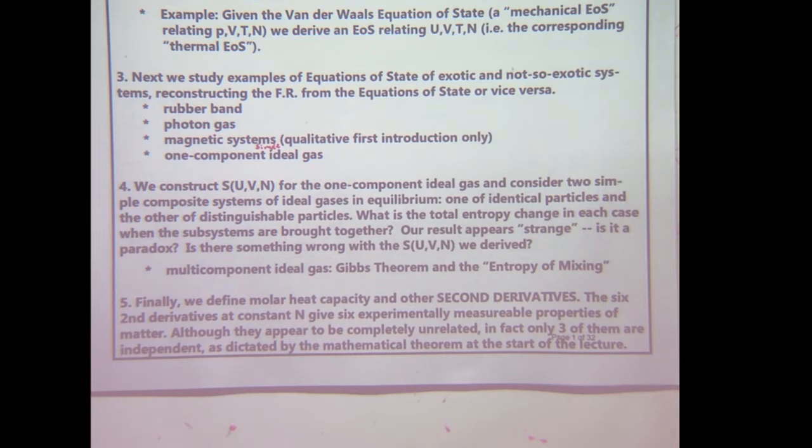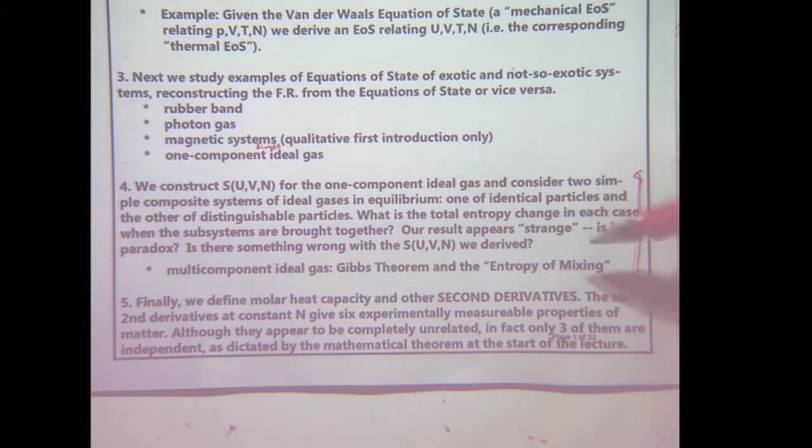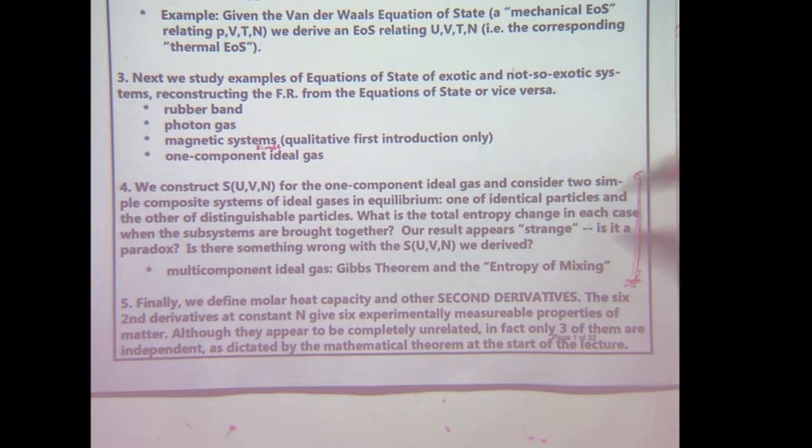I'm just trying to understand that. So we'll talk about what's called the entropy of mixing. I'll leave parts of this to the assignment, and so you can explore it in the assignment.